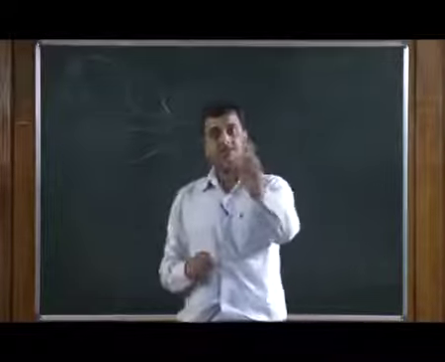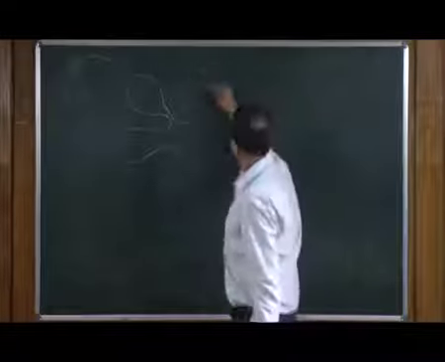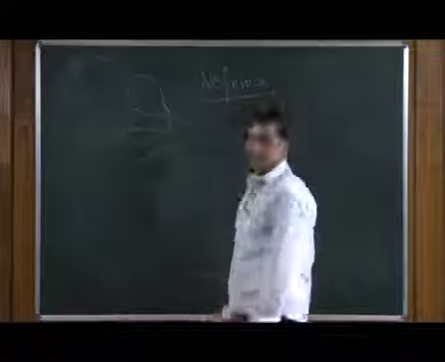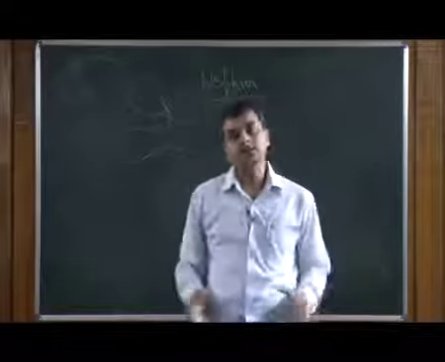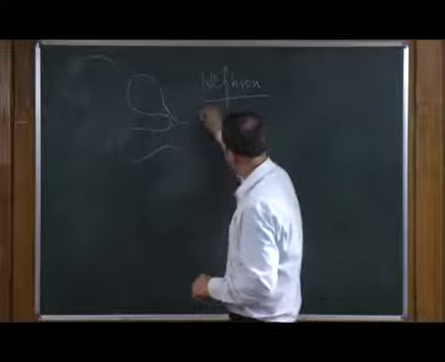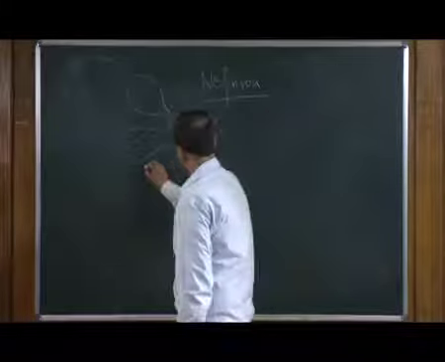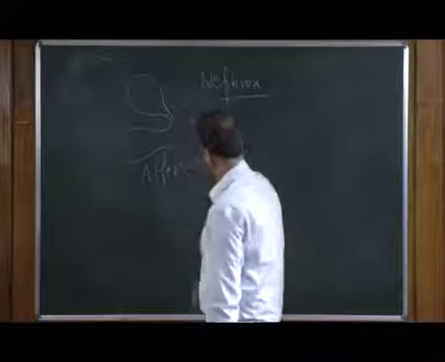If we see the individual structure of one nephron, this nephron is nothing but a ductal system. Suppose blood is coming towards this nephron, through the afferent duct.